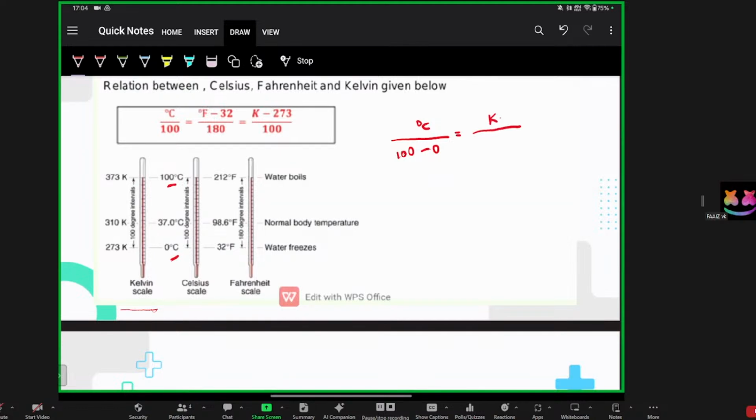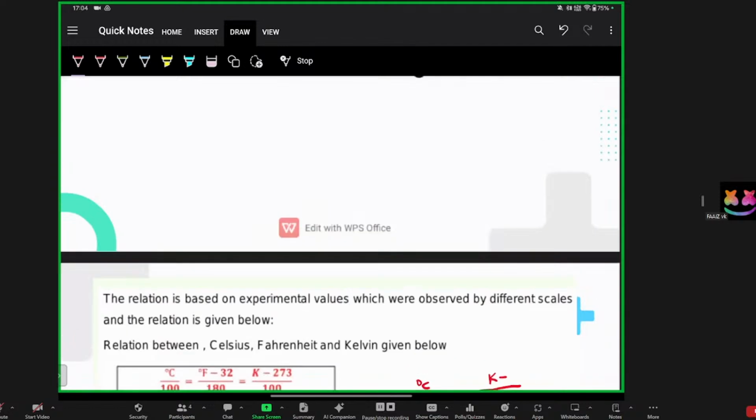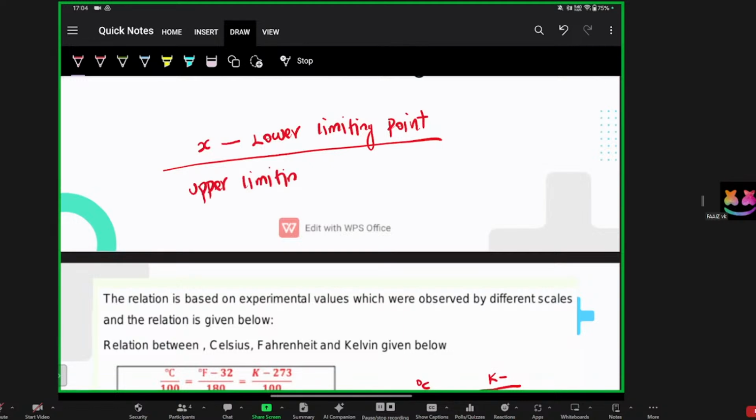Then we can equate these to the Kelvin scale. Generally, suppose the scale reading is x. Then it is x minus lower limiting point, divided by upper limiting point minus lower limiting point.